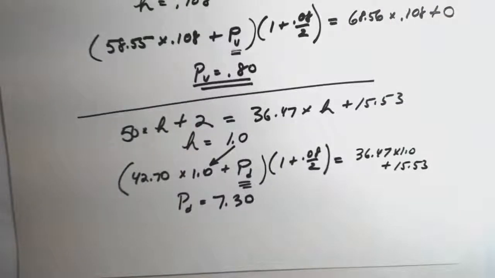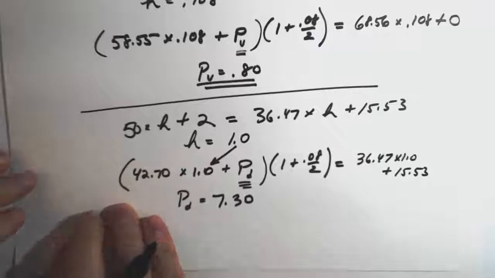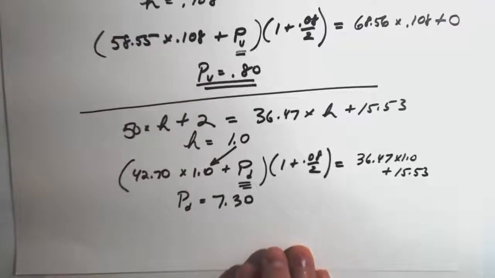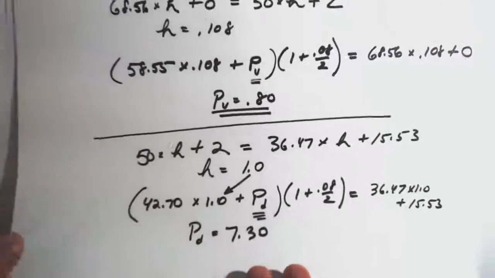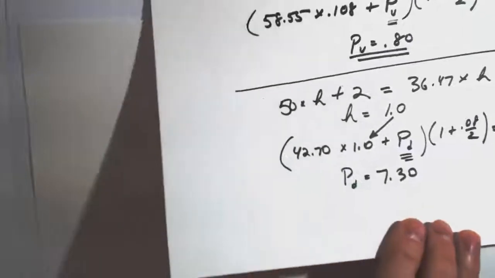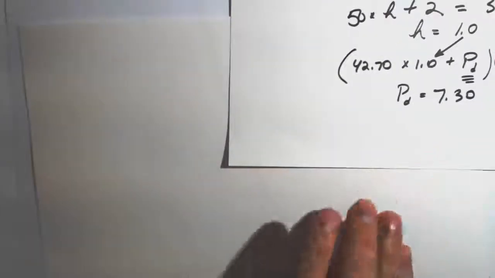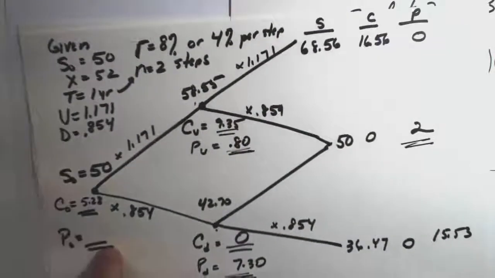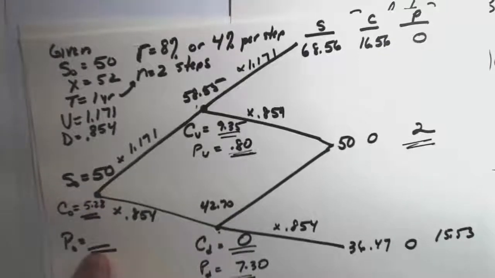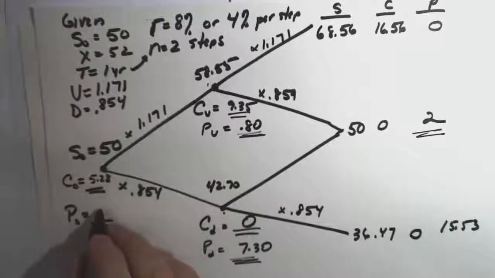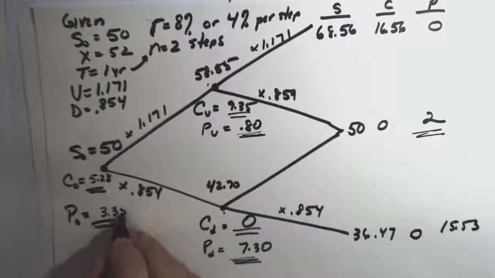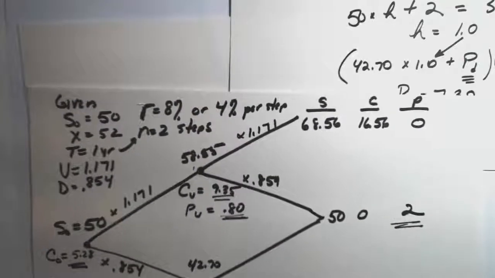So now, if you follow the exact same procedure, you'll come up with the put today, which is ultimately our goal. We want to know what is the value of this put today. The value of this put today is 3.35. Now let me show you how to calculate that put.